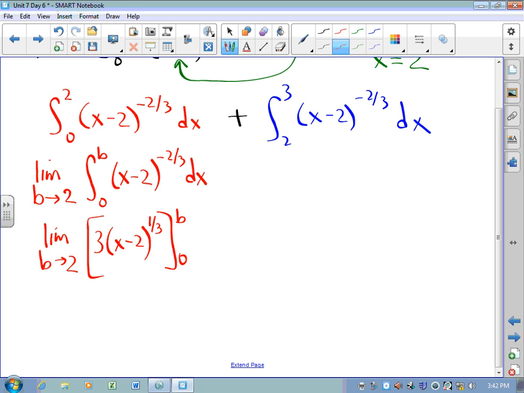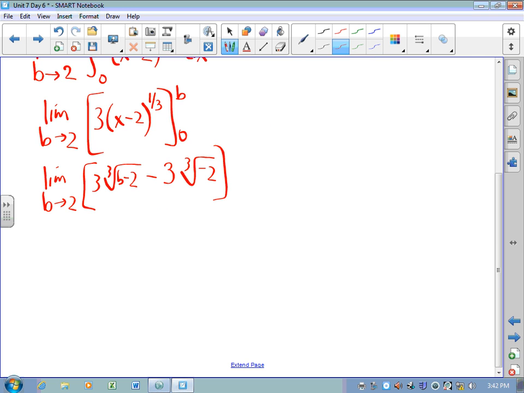So what is that? Substitute b, so that's the limit as b approaches 2 of 3 times the cube root of b minus 2, minus what I get when I substitute 0, and that's 3 times the cube root of negative 2. Well, as b approaches 2, that cube root drops out, negative 3 cube root of negative 2, which is just 3 cube roots of 2.